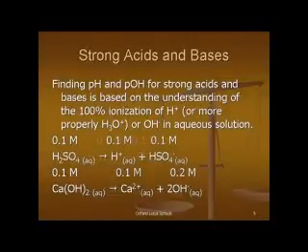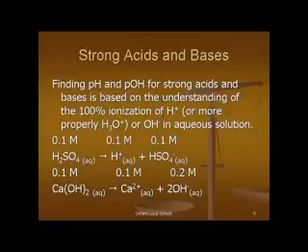When we look at a polyprotic acid, in this case a diprotic acid H2SO4, one of the things that we've talked about before is that sulfuric acid, H2SO4, only ionizes the first hydrogen 100%. So if we have 0.1 mole per liter of H2SO4, we'll get 0.1 mole per liter of H+, or again, you can substitute H3O+ if you wish, and 0.1 mole per liter of HSO4-.